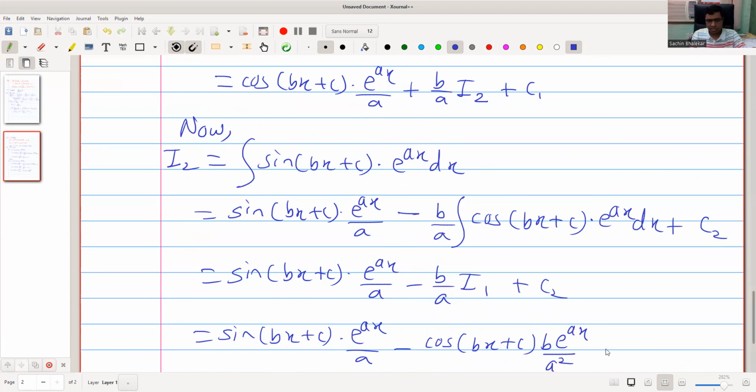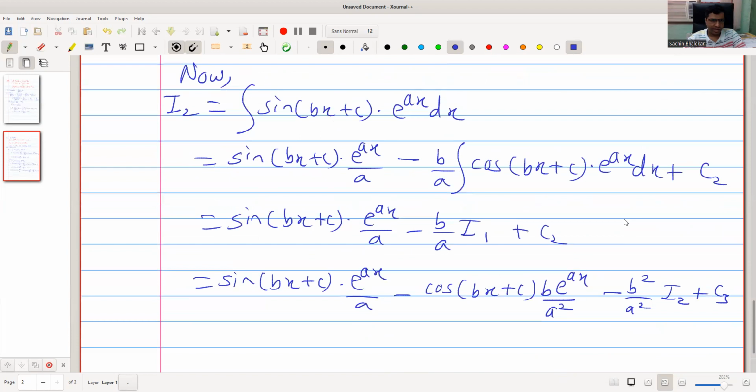Then minus this b by a, so it is b square by a square I2. And then minus b by a into c1 plus c2, we write it as c3. Okay. So c3 is again an arbitrary constant. It is nothing but minus b upon a into c1 plus c2.